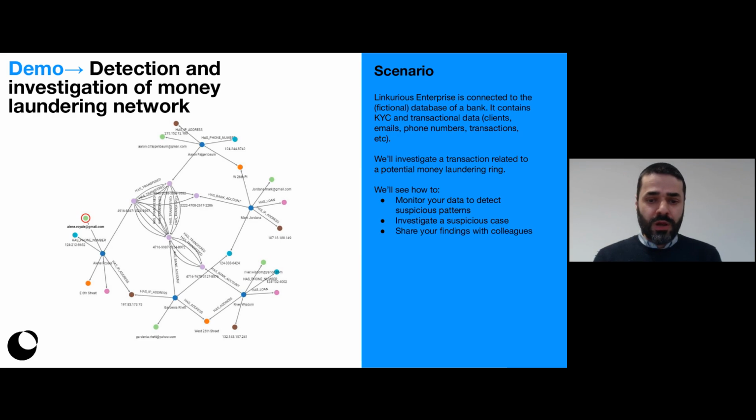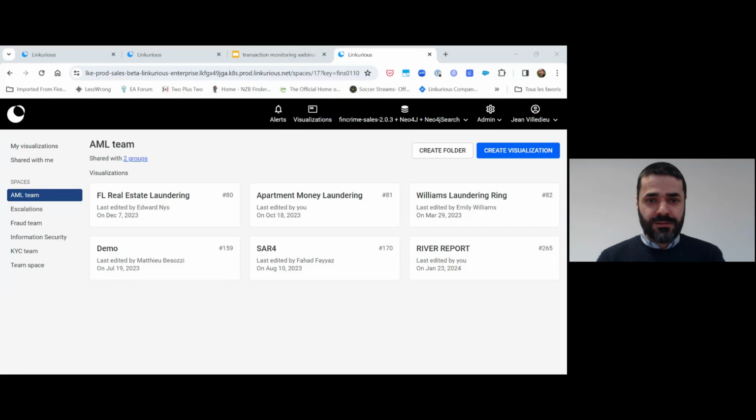We are going to see three big things. First, we'll see how to monitor your data to detect suspicious patterns. Then we'll see how to investigate one particular suspicious case. And then we'll see how to share your findings with colleagues. So let's switch to the demo now.